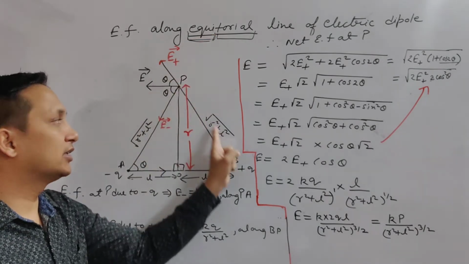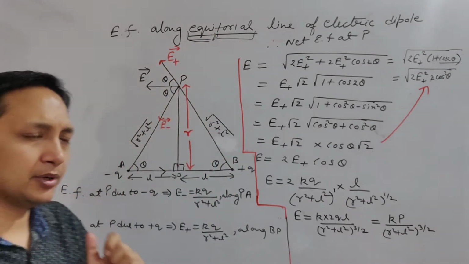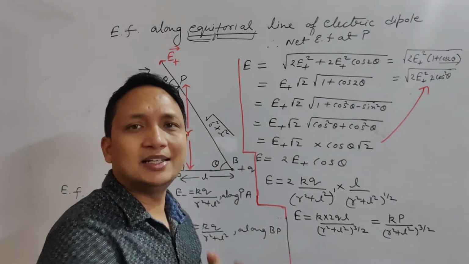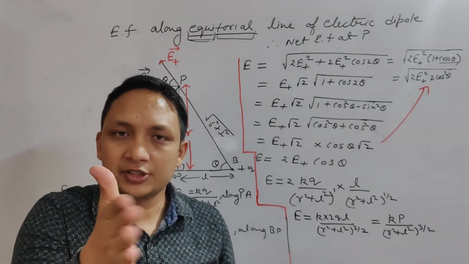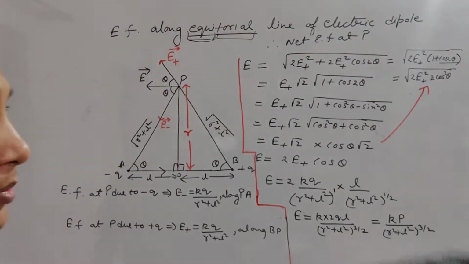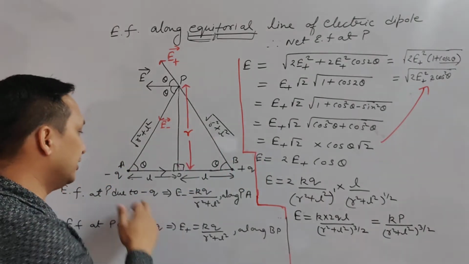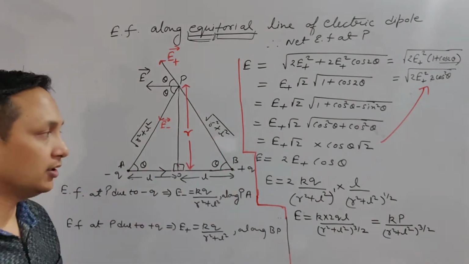Second thing, if you remember the number line, negative numbers on the left side, positive numbers on the right side, center 0. In the similar manner, negative on the left, positive on the right, minus Q plus Q, you can check it out.